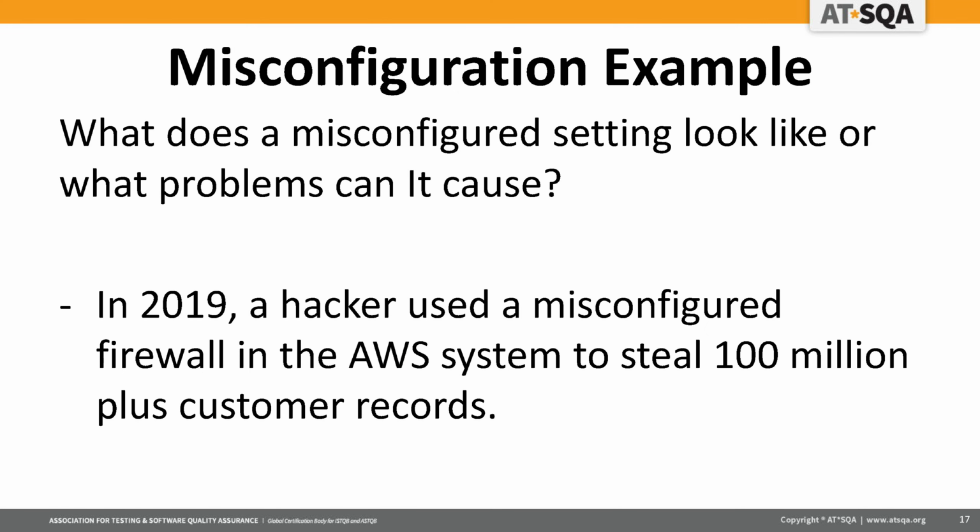What does a misconfigured setting look like, or what problems can it cause? Here's a couple of examples to visualize the dangers of misconfigured settings. In 2019, a hacker used a misconfigured firewall in the AWS system to steal 100 million plus customer records.